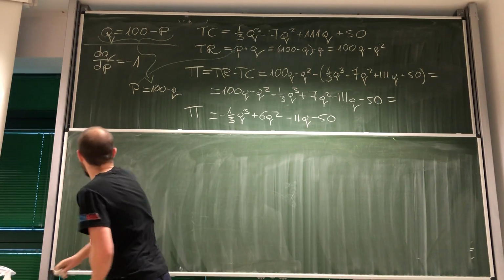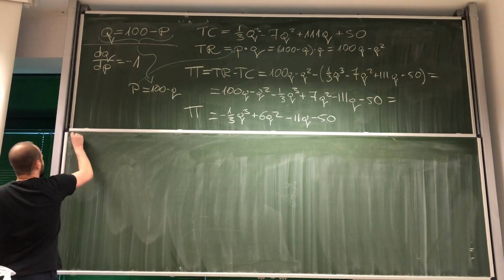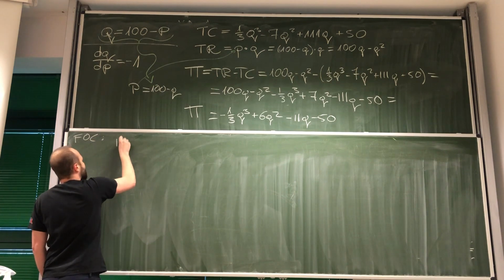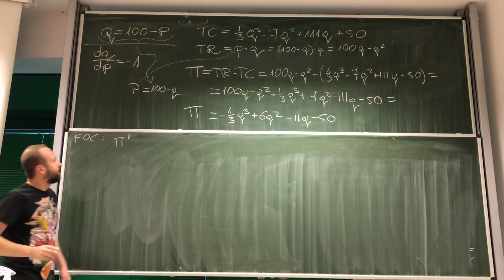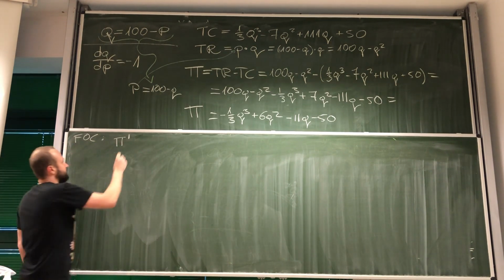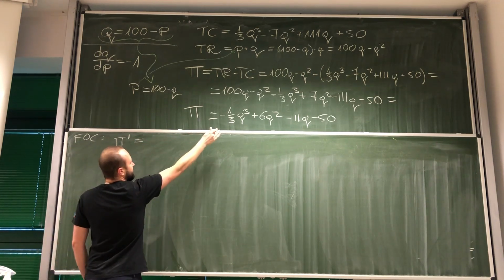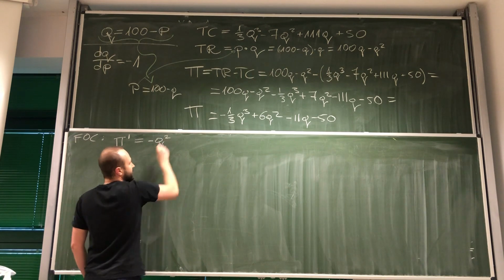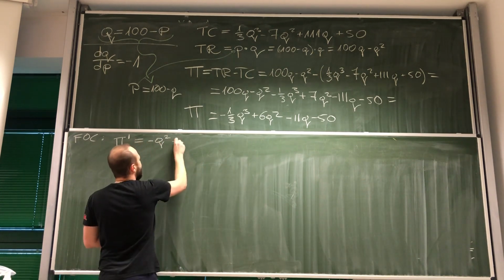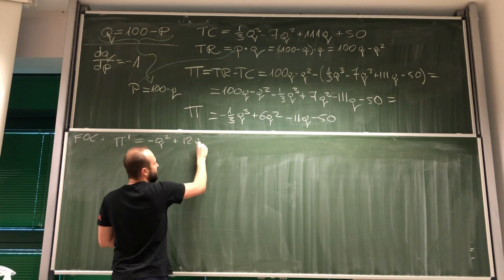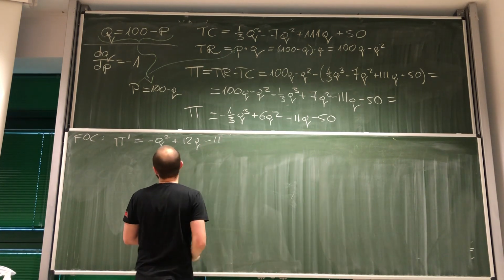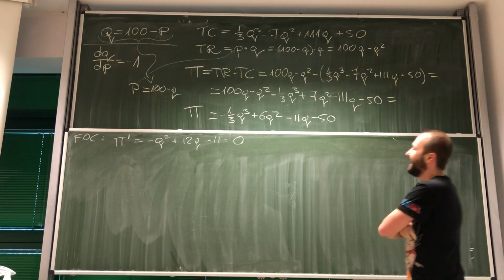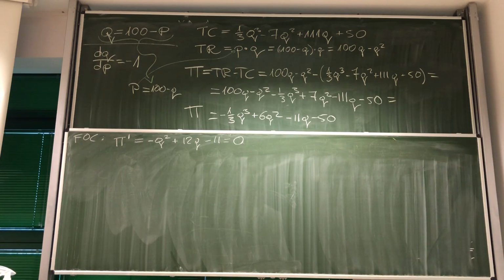So we start with the first order condition, and it tells us to calculate the first derivative of the profit. So the 3 goes up front, so we got negative q squared, then plus 12q minus 11, and we should equalize it with 0.